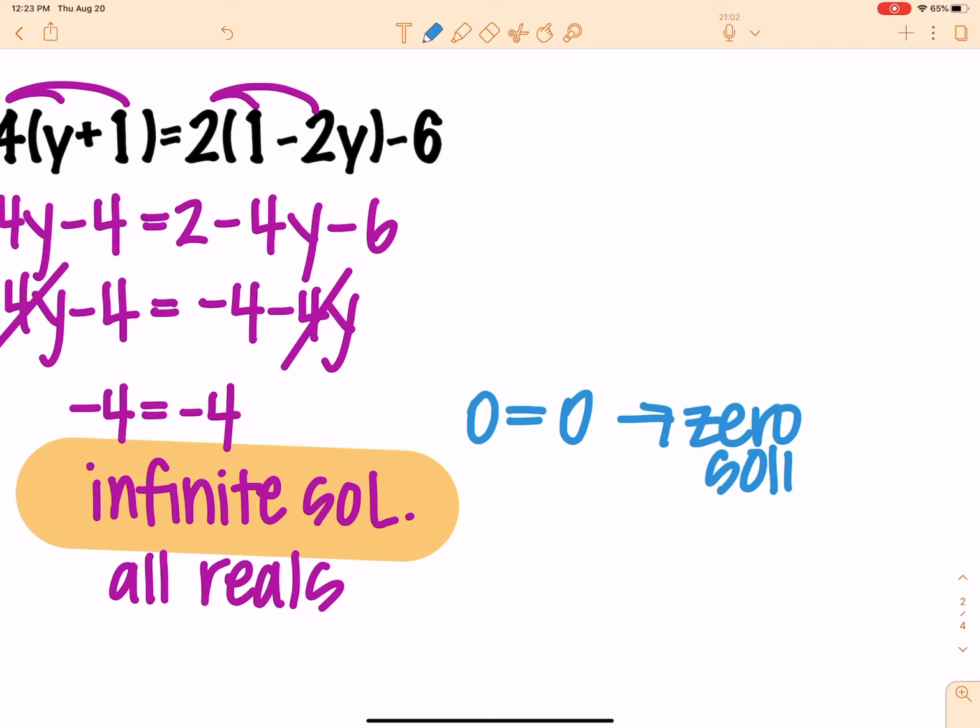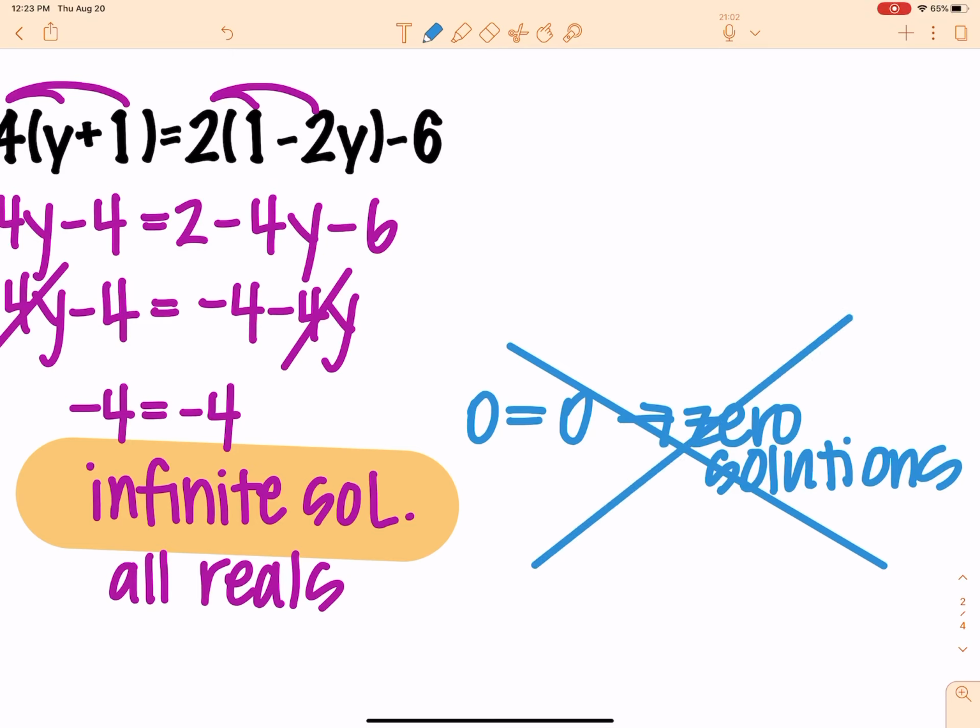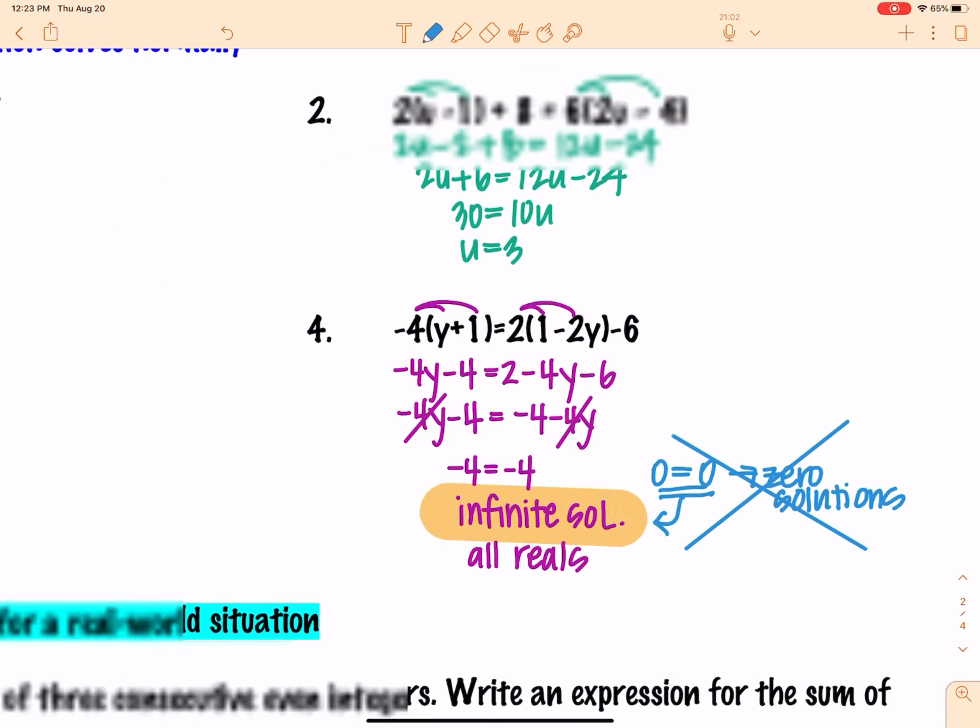You just assume that because of the 0. You're like, oh, 0 equals 0 means 0 solutions. That's not true, so don't be that person who makes this careless error. 0 equals 0 is a true statement, so that means it's infinite solutions. I know the semantics of it is 0 and 0, but please do not fall for that trick.